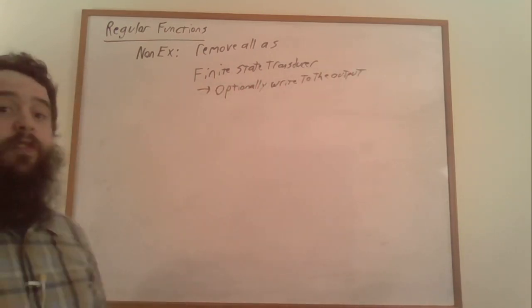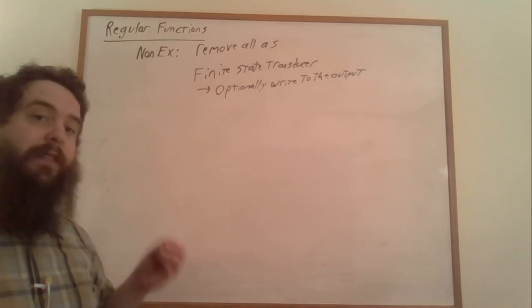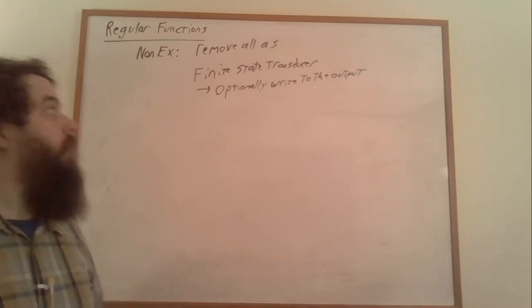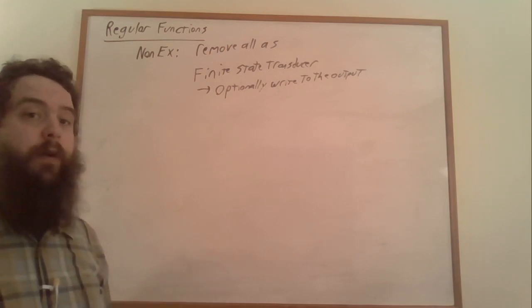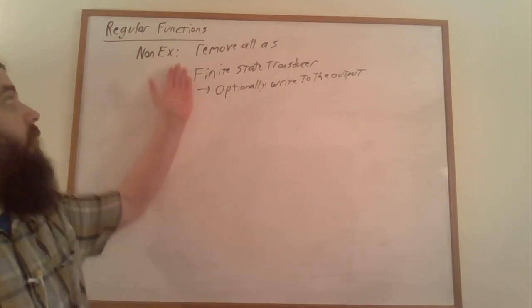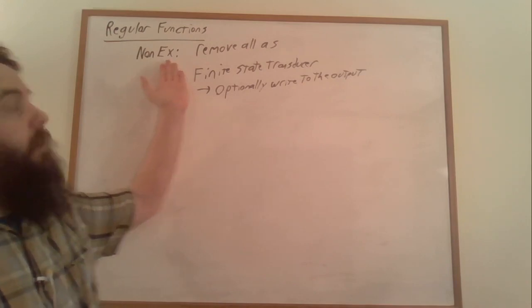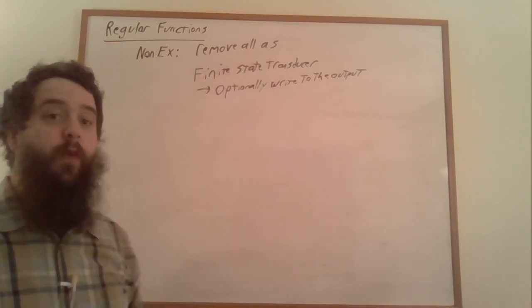And the key feature about these is that as they read in input characters, it's optional whether or not they want to write a character to the output. So for instance, one of these automata can compute the function that removes all of the A's from a word.